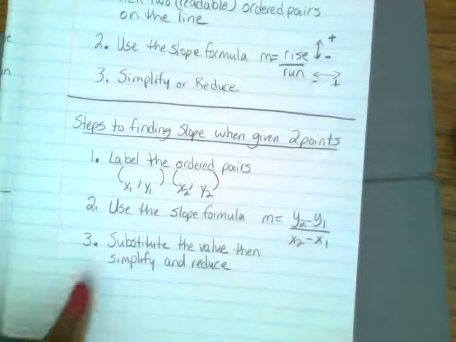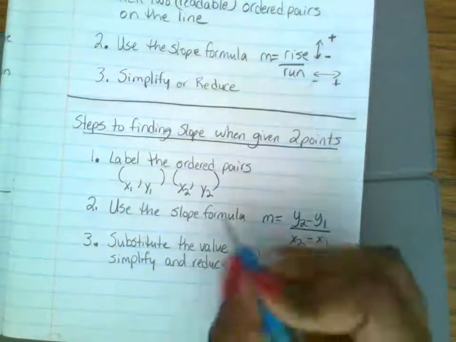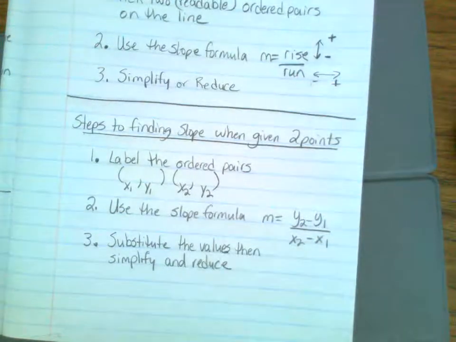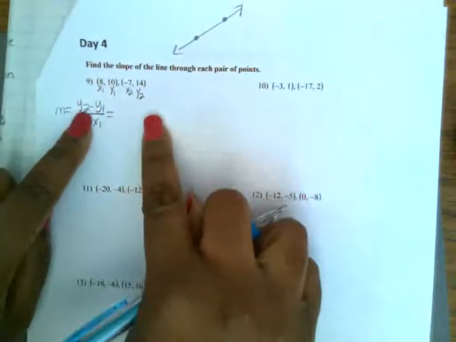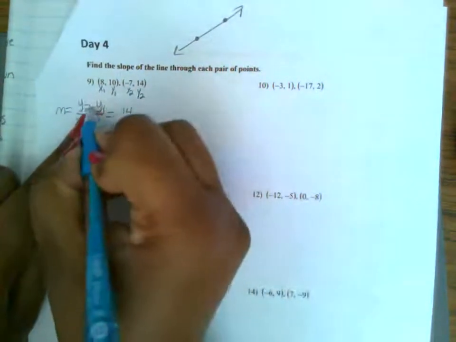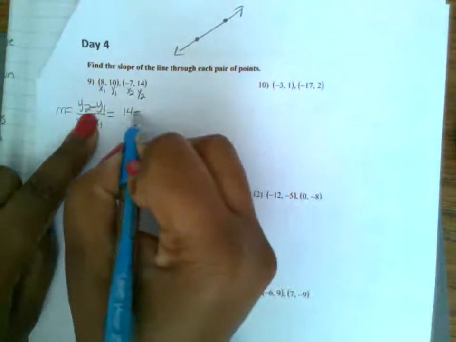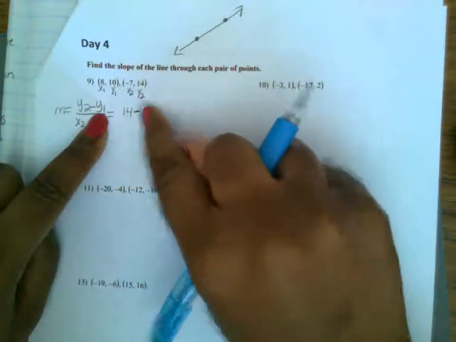Lastly, we're going to substitute the values, then simplify and reduce. So I'm going to substitute. Y2 is 14, so I'll put 14 here. Minus is a part of the formula, so I'll put minus here. Y1 is 10, so I'm going to put 10 here.